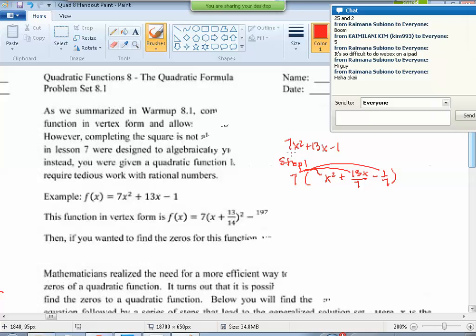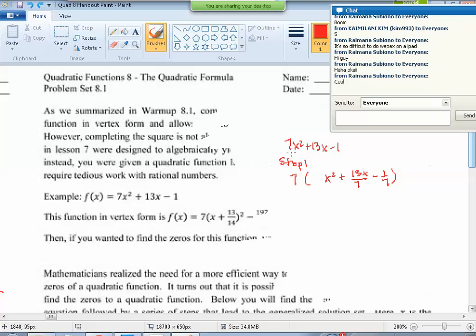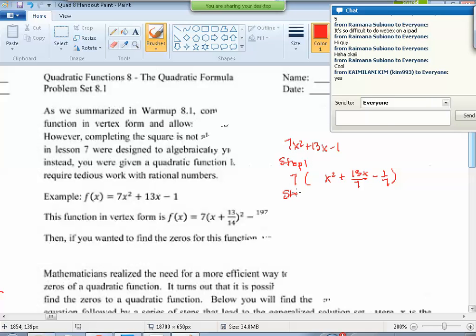Online, do you guys understand what I did and why I did it? Okay, step 2. I'm going to rewrite the same thing down, but I'm going to put a big space.